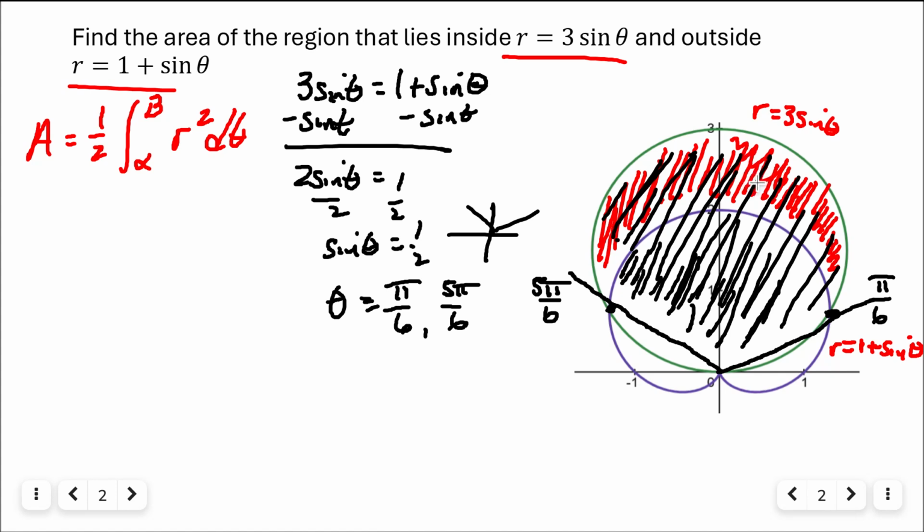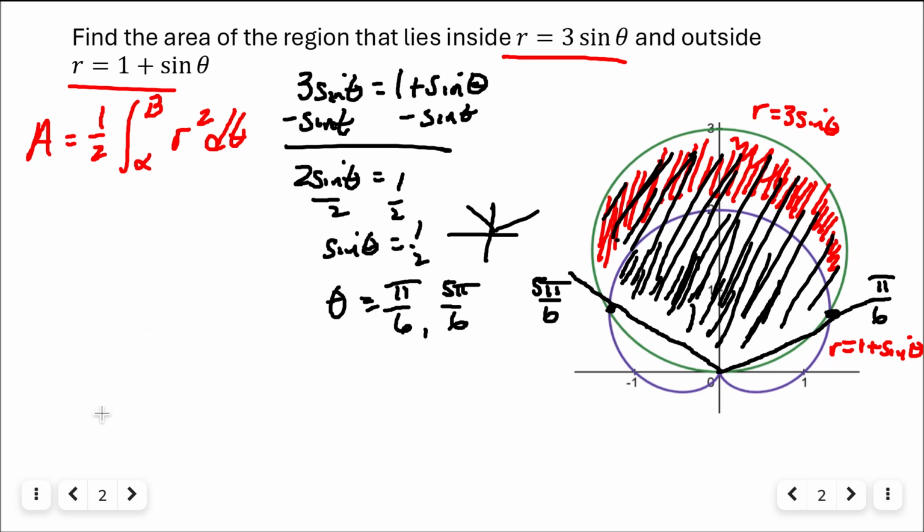So to figure out the area that's shaded in, I would have to take away the area from pi over 6 to 5 pi over 6 that's in here. But that area is bounded by this graph, 1 plus sine theta.